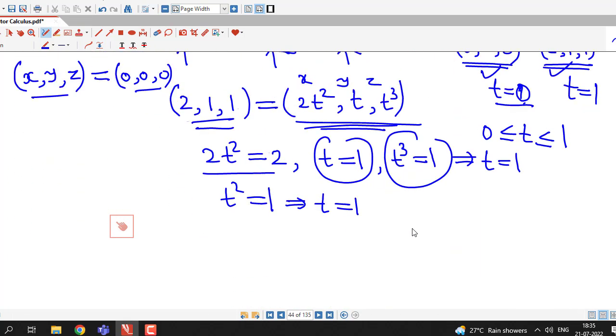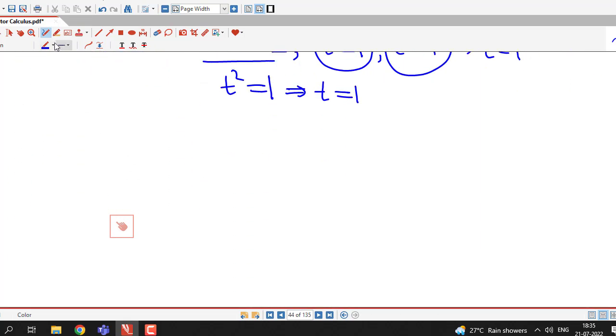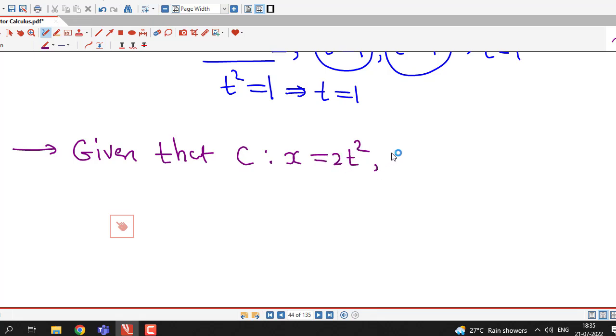Now we try to evaluate the given line integral. So we start, first we write down the given parametric representation: curve C has parametric representation x equal to 2t square, y equal to t, z equal to t to the power 3, and limits of t are from 0 to 1.